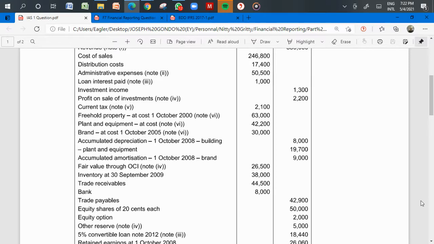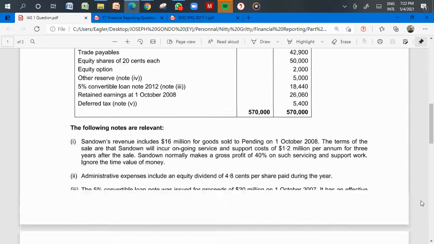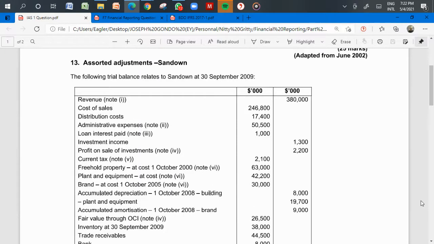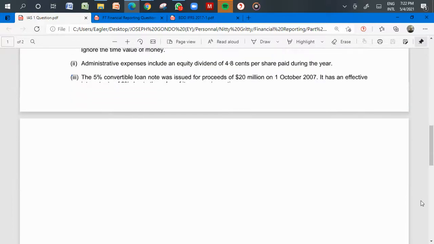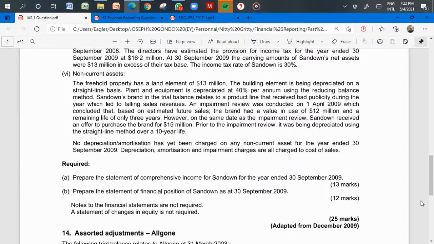We have a brand that cost us on 1 October 2005, and we have a note, note number 6, saying the freehold property, the land element of 30 million.